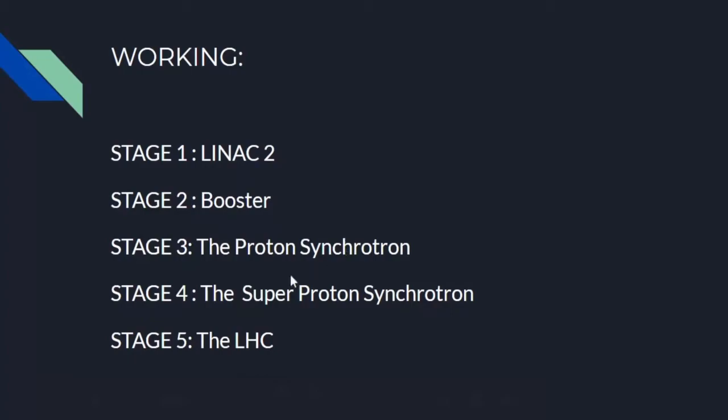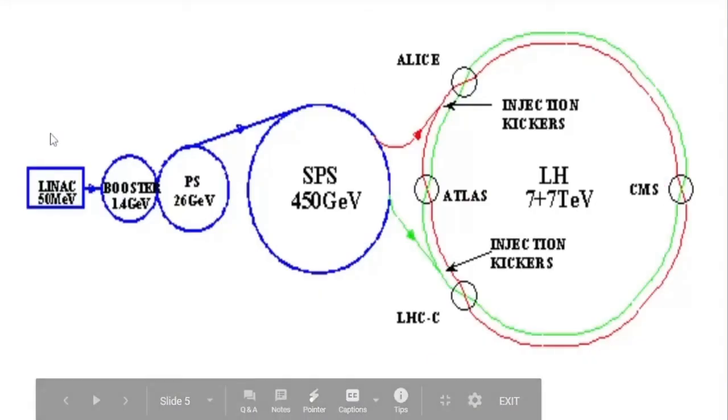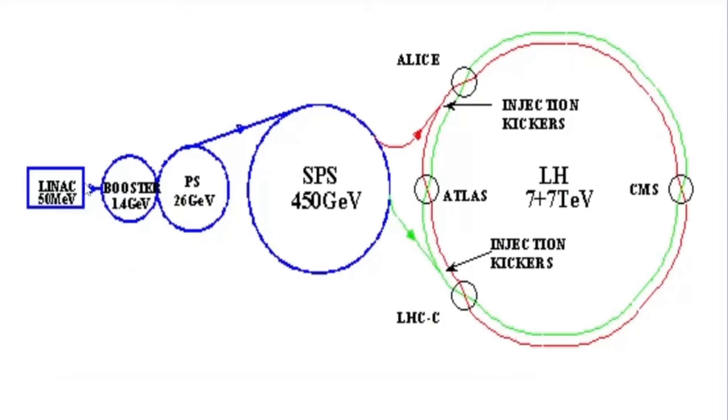The proton synchrotron and super proton synchrotron are basically the same, except the super proton synchrotron is much larger than the proton synchrotron. And finally, we have the LHC. So this is how it looks. I mean, not exactly, but this is the basic layout of the LHC.